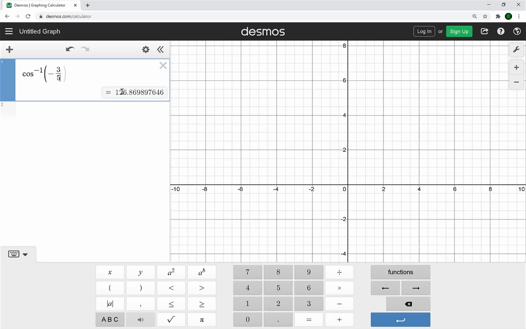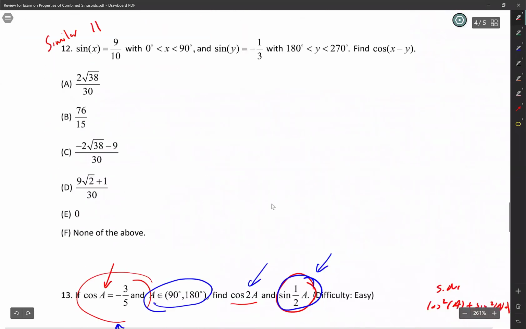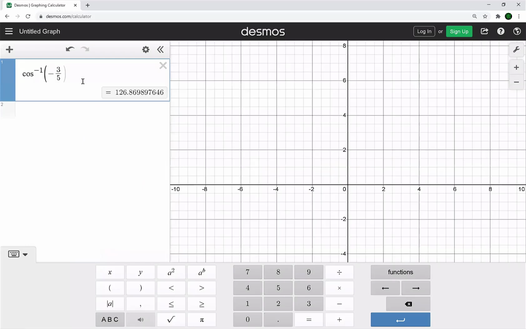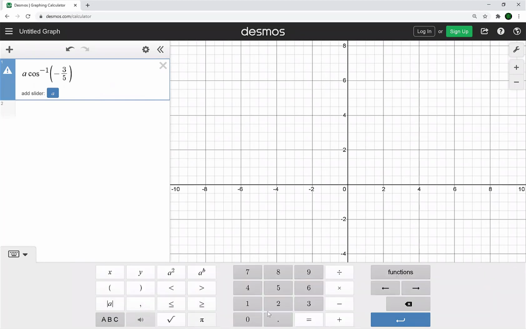So there it is, 126. Was that my initial restriction? I already forgot. Let me see. A is between 90 and 180. Perfect. So there it is. I don't have to do anything to it. There's my angle A. I'm going to call it A. A equals that.